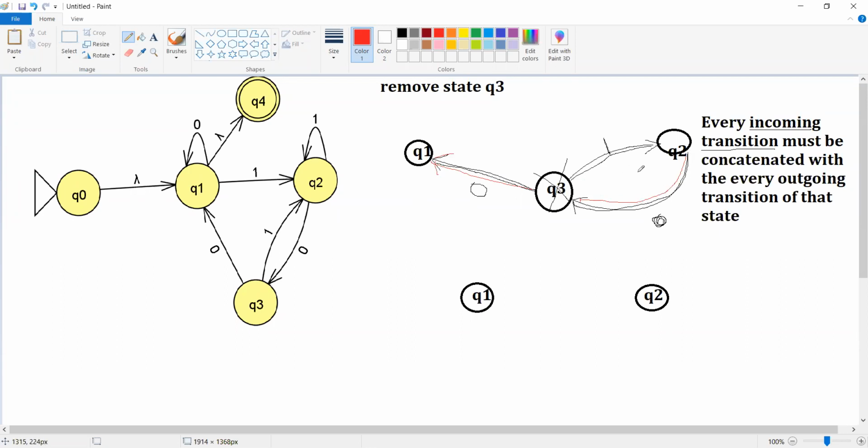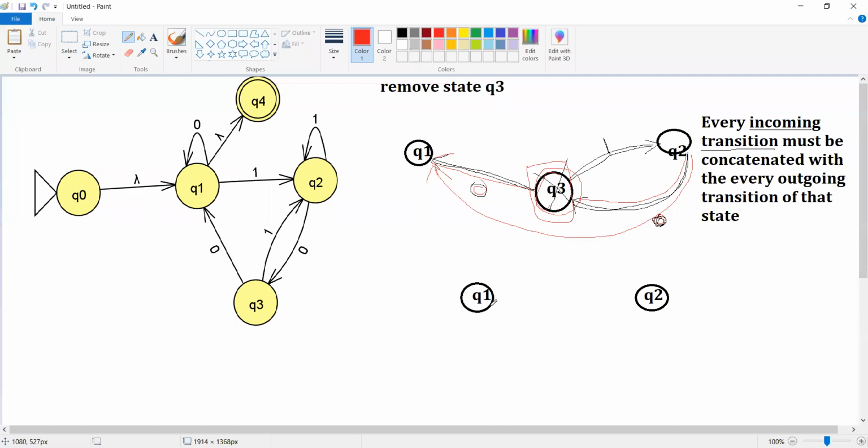Earlier from Q2 to Q1 there is a transition through intermediate node Q3. Now when I remove this, from Q2 to Q1 you will get a new transition with input symbol 0 0.